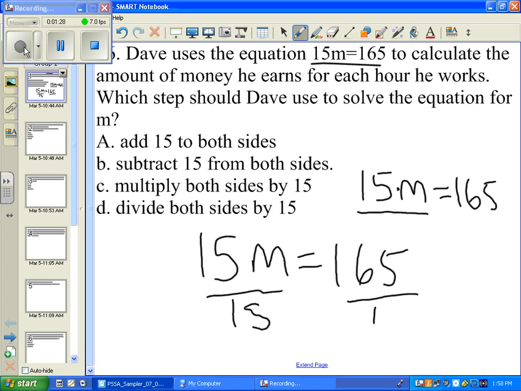So we end up dividing both sides of this equation by 15. Divide both sides of the equation by 15. And if you do that, you're going to end up with a number which is a little over 10.